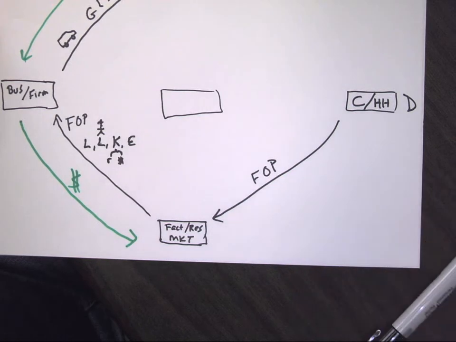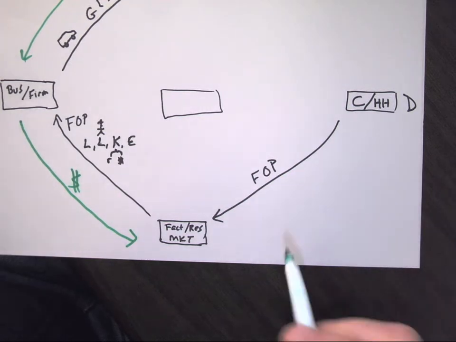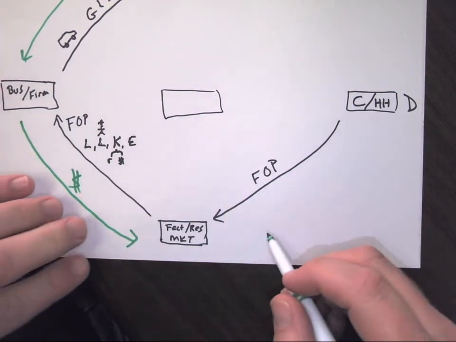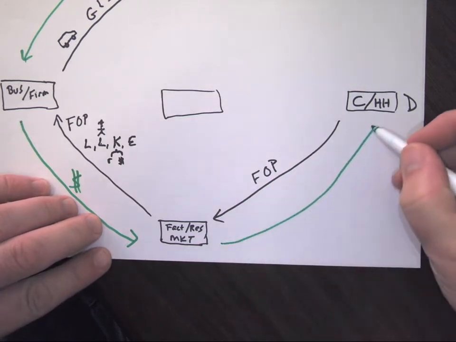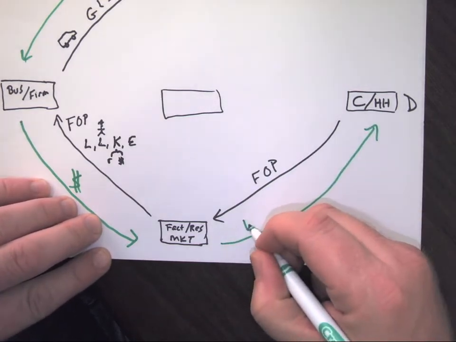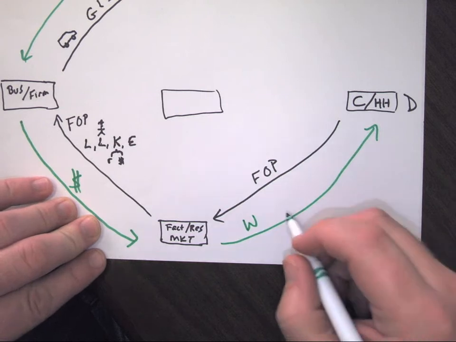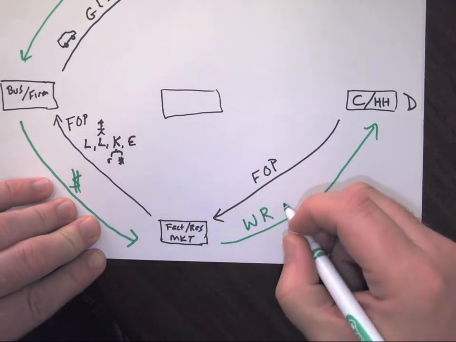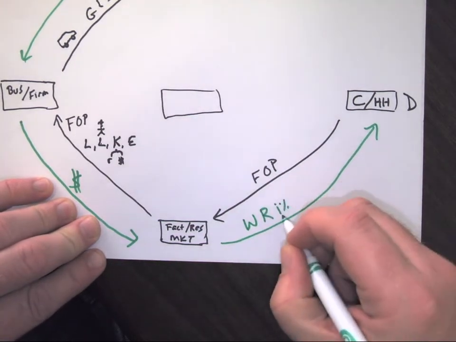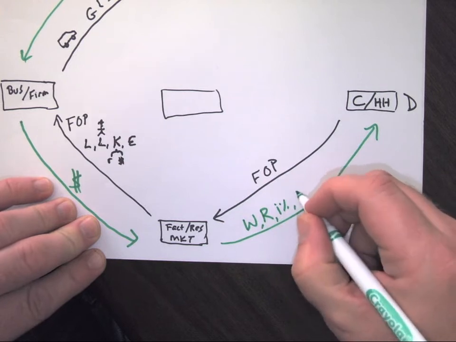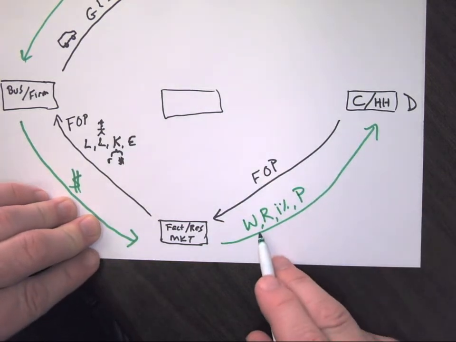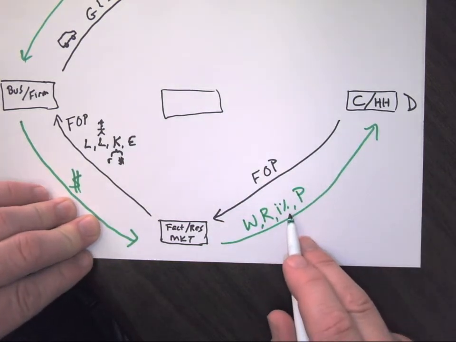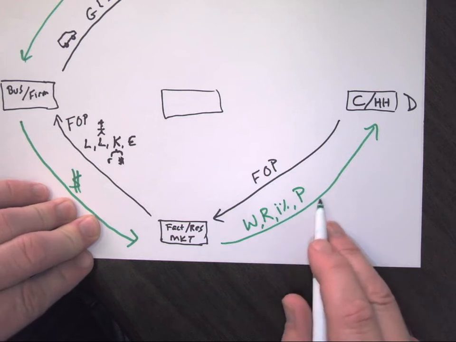Okay. Now, in exchange for our land, labor, capital, entrepreneurship, we would like to get paid. That's the whole point. And we're going to get paid with wages, with rent, with interest, or with profits. So this WR, that's an I with a percent sign, that's the nominal interest rate or profit.